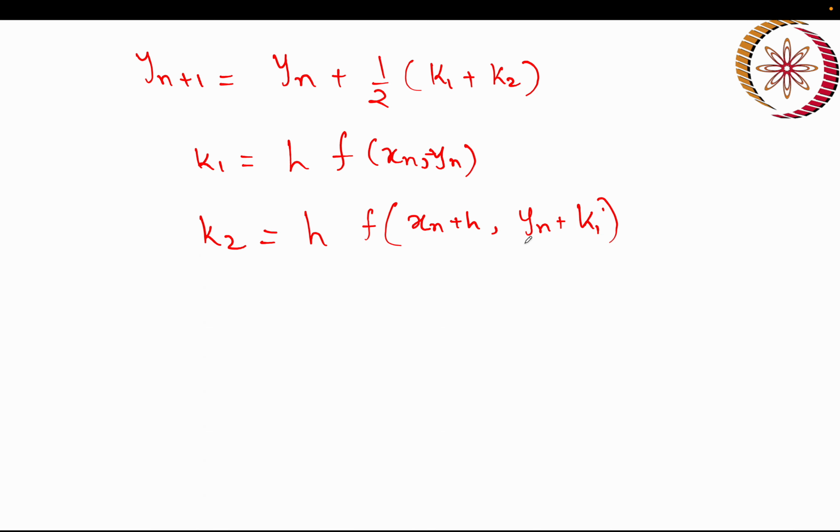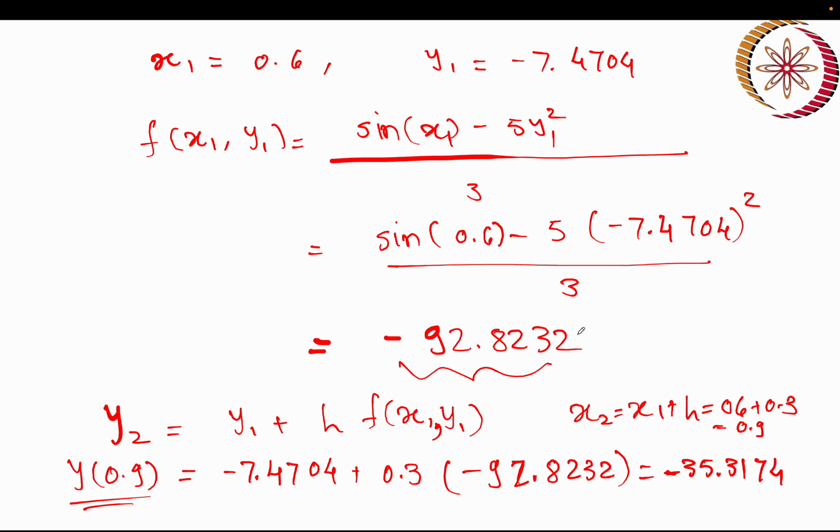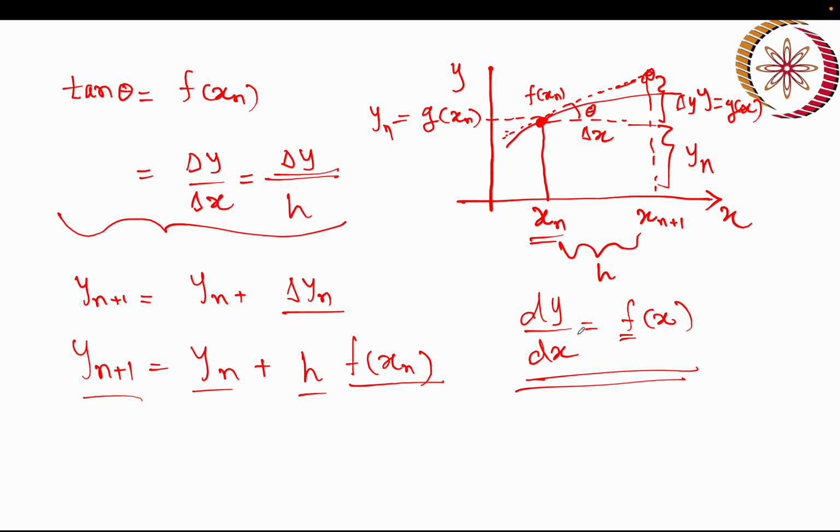So you can see in this term what we are computing is yn plus k1, so that is yn plus h f of xn, yn. In this case, as we have already seen, this is nothing but the Euler method.